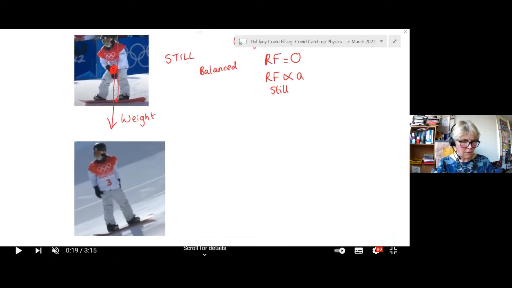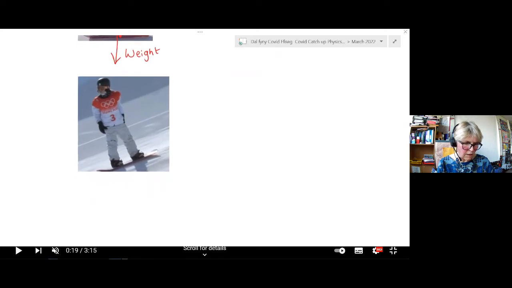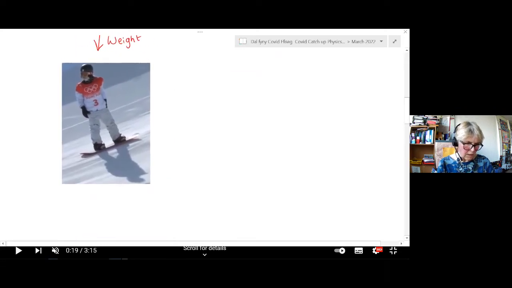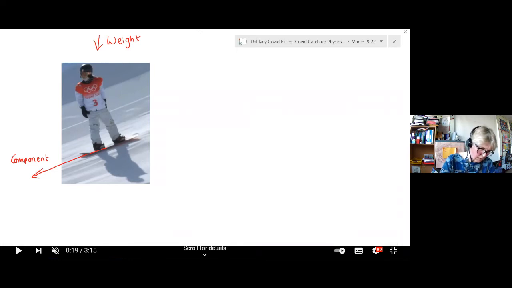Now he's started moving down the slope, getting ready to do his jump. So there is what we call a component of the weight. We have to call it a component of the weight because he's going down the slope. It's not his full weight that's acting down the slope, because we know that the weight acts vertically down towards the center of the earth.